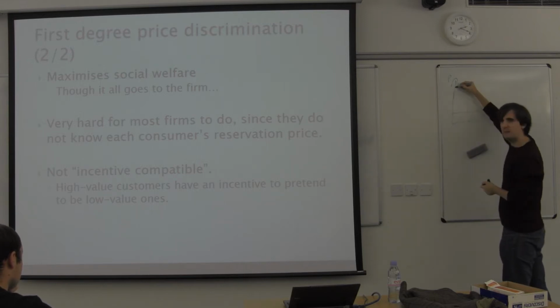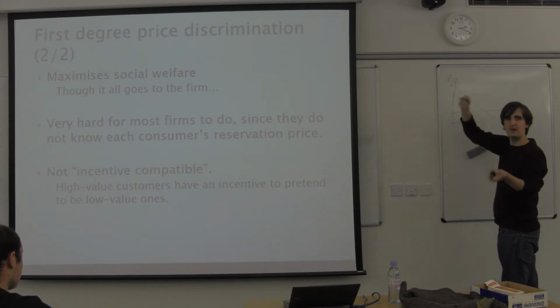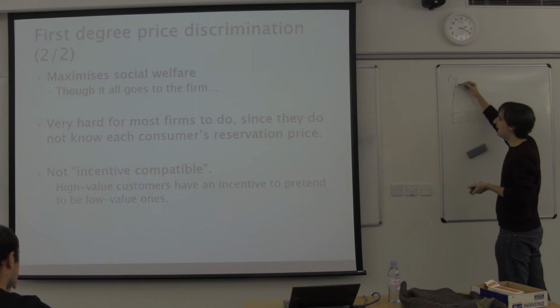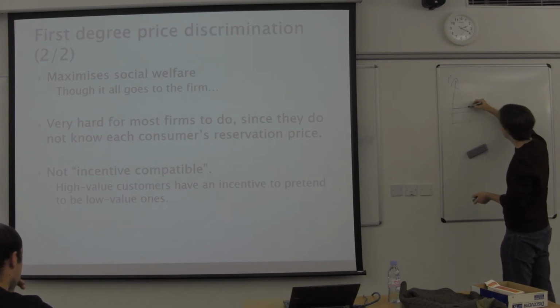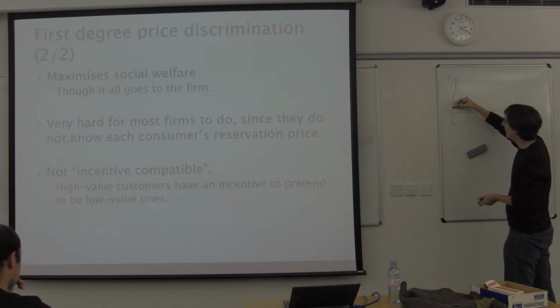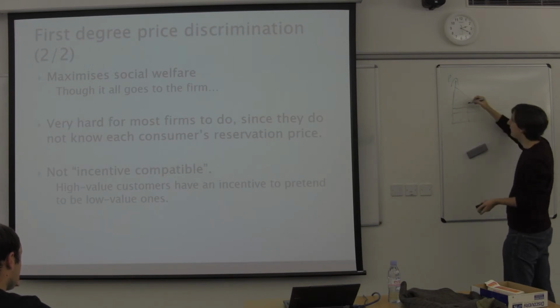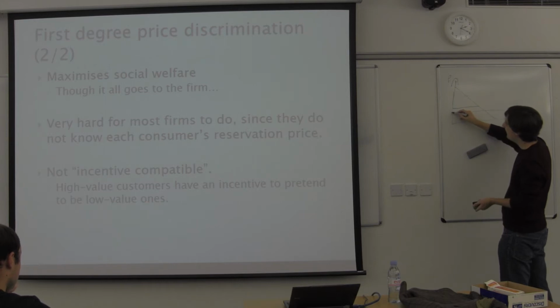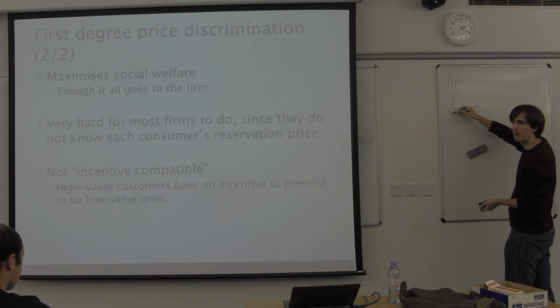So there's a consumer here who's prepared to pay this very high price. He goes to De Beers. De Beers charges him that price, so that's fine. The consumers along this line are prepared only to pay this price. That's the maximum they're prepared to pay. Well, they go to De Beers. How much does De Beers charge them? Exactly that price. Likewise, even consumers down here who are only prepared to pay this price, they go to De Beers, and De Beers is going to charge them that price.